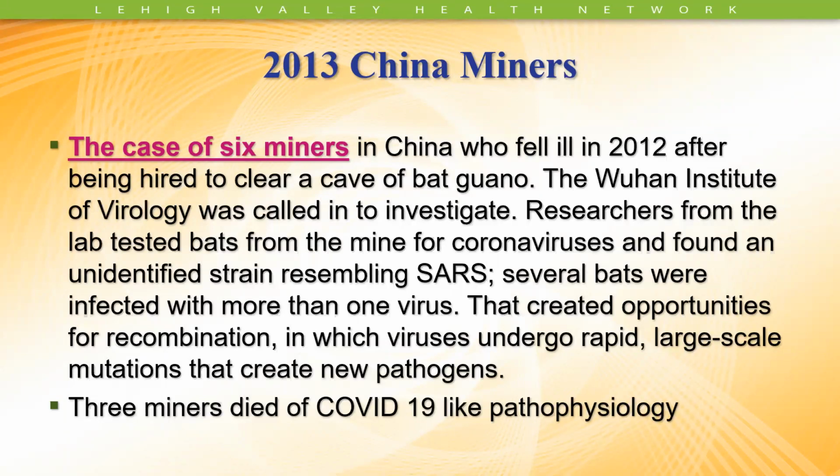What happened is 6 of these miners developed severe respiratory decompensation very similar to SARS. Several bats that were captured were infected with coronaviruses, and 3 of these miners died of COVID-19 like pathophysiology.